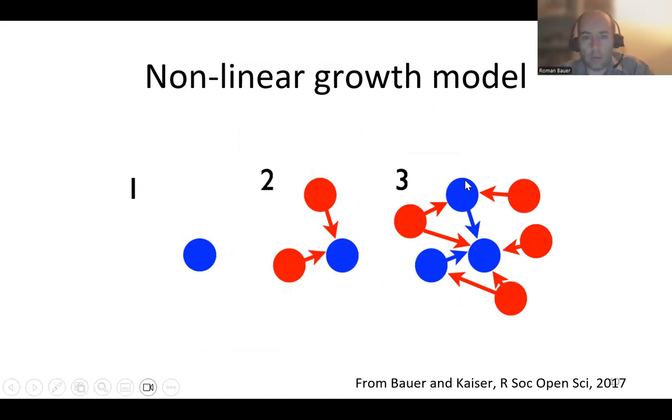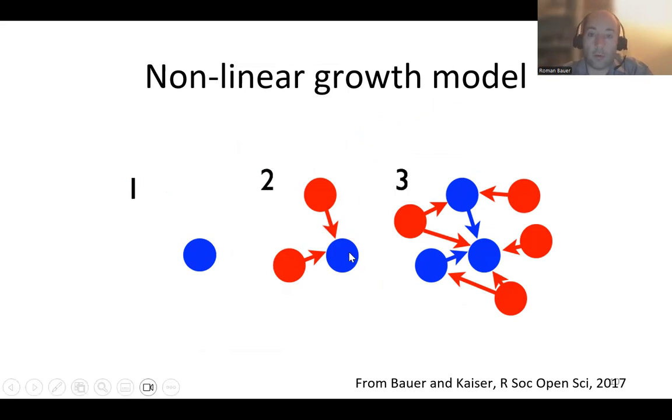Now, how did we address this question of how those hubs develop? Well, we came up with a model called the nonlinear growth model, and this nonlinear growth model is inspired by bacterial growth as well as, for example, Ebbeson's parcellation theory, which is a theory about how the number of brain areas increased during evolution of the brain.